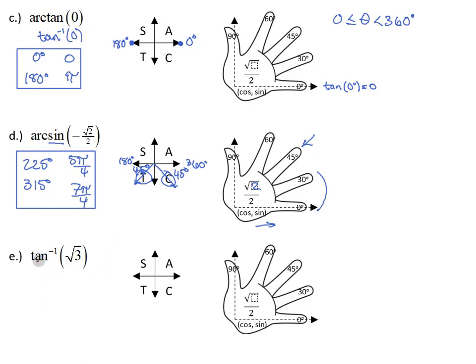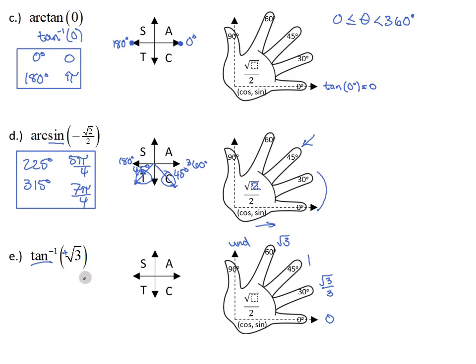So let's try our next one. Inverse tangent of square root of 3. So if you remember your tangent values, those are 0, root 3 over 3, 1, root 3, and undefined. So those are the 5 tangent values you're supposed to have memorized. So first of all, we're talking about tangent, and this is a positive value.